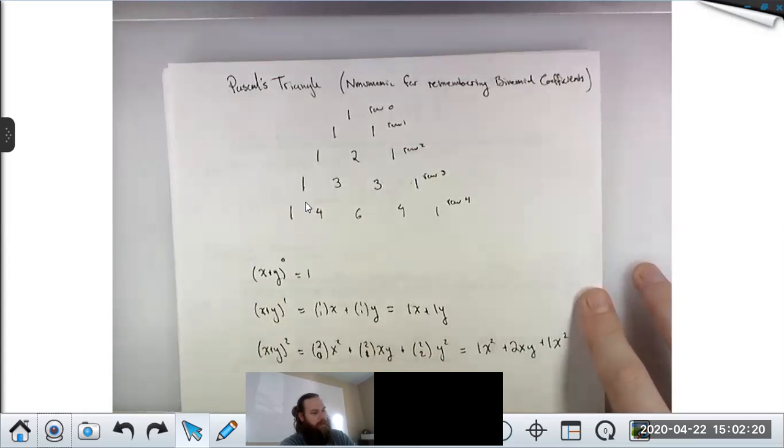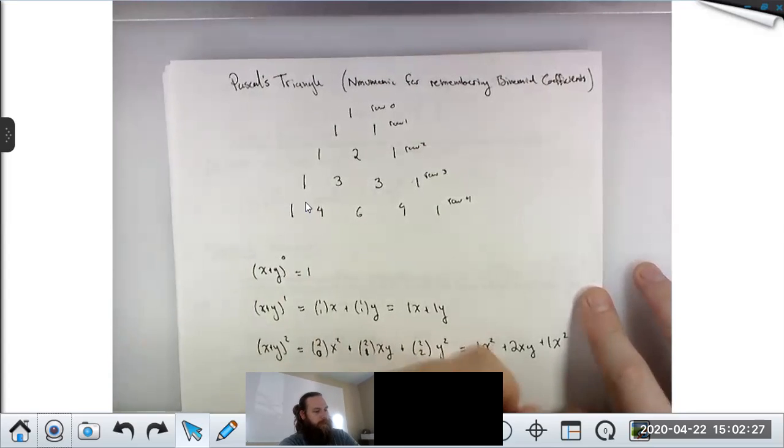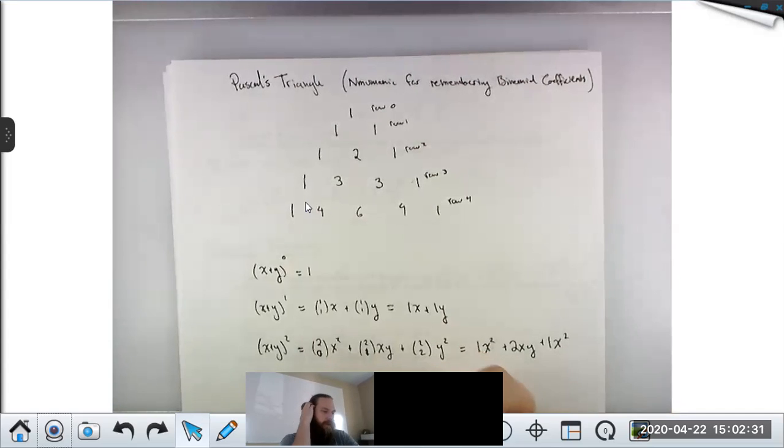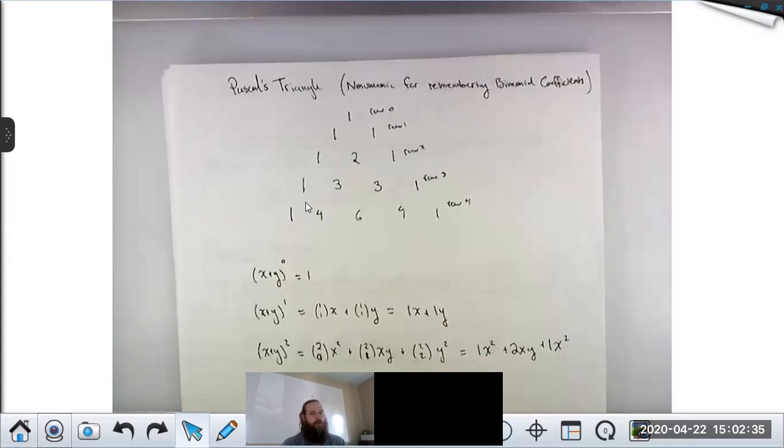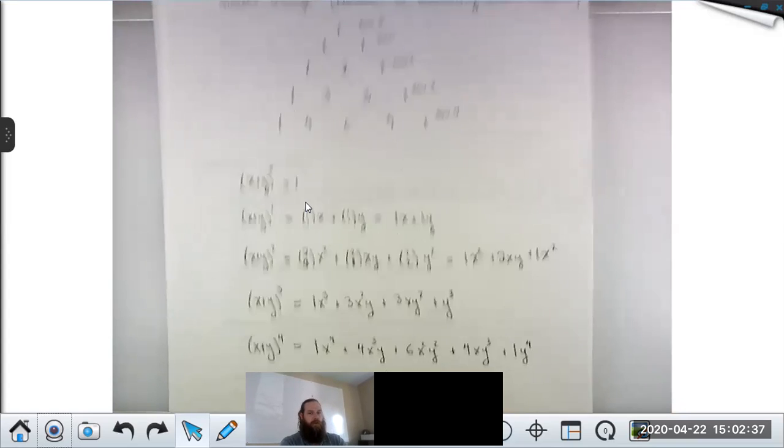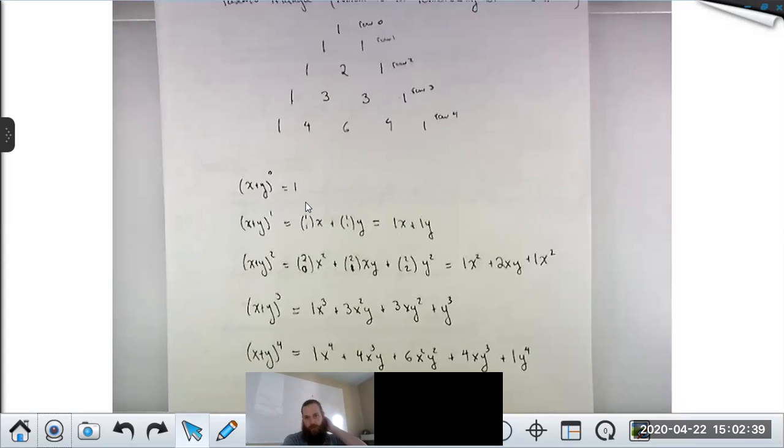Notice the power of x comes down by 1 each time, and the power of y comes up by 1 each time. And my very last guy here would be another 1, x to the 0 times y to the 4. So this can give a fast way to expand binomials.